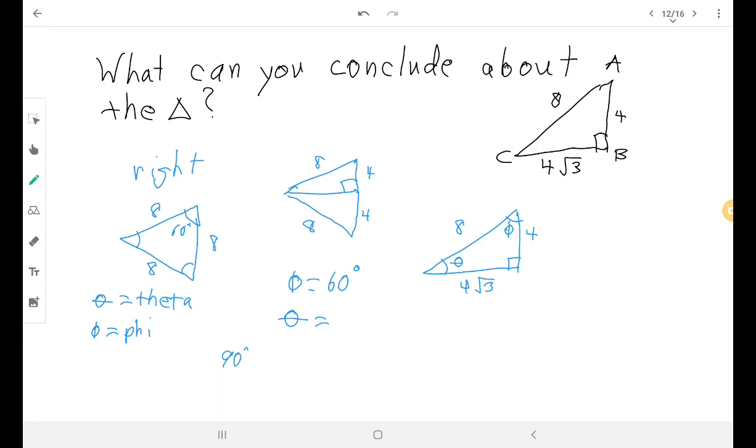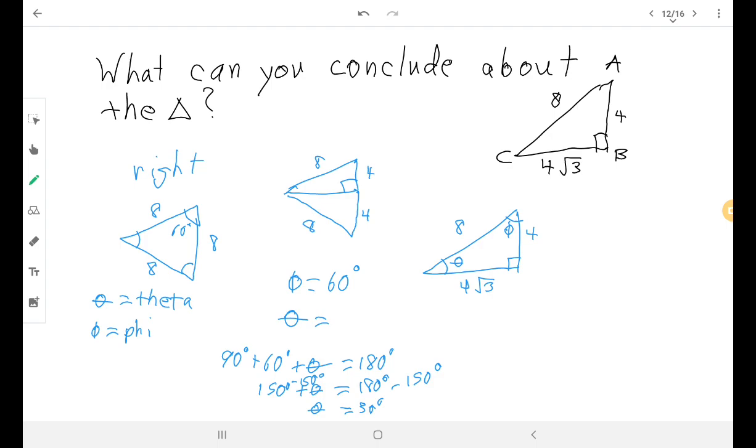So I've got a 90 degree one, a 60 degree one, and then angle theta, and it has to add up to 180 degrees. 90 and 60 is 150 plus theta equals 180. And then if I subtract 150 degrees from both sides, I get that angle theta has to equal 30 degrees.